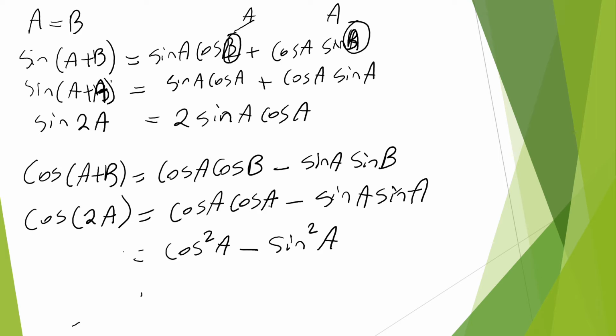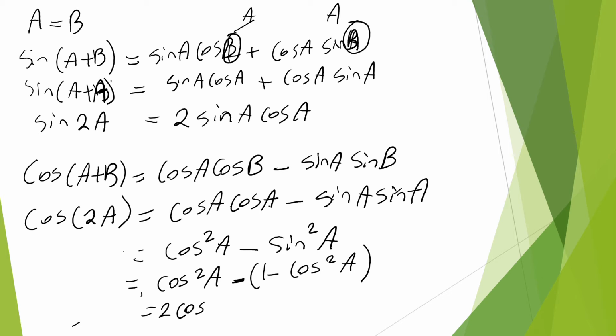So you can change the sine square into cosine by using the identity, 1 minus cosine square A. And that, because that changed into plus, gives me 2 cosine square A minus 1. And that's the other identity.